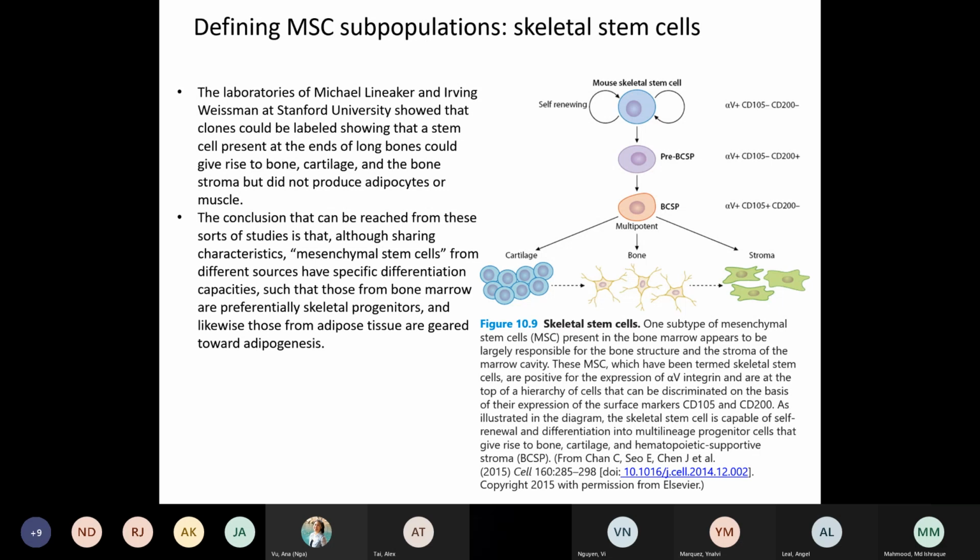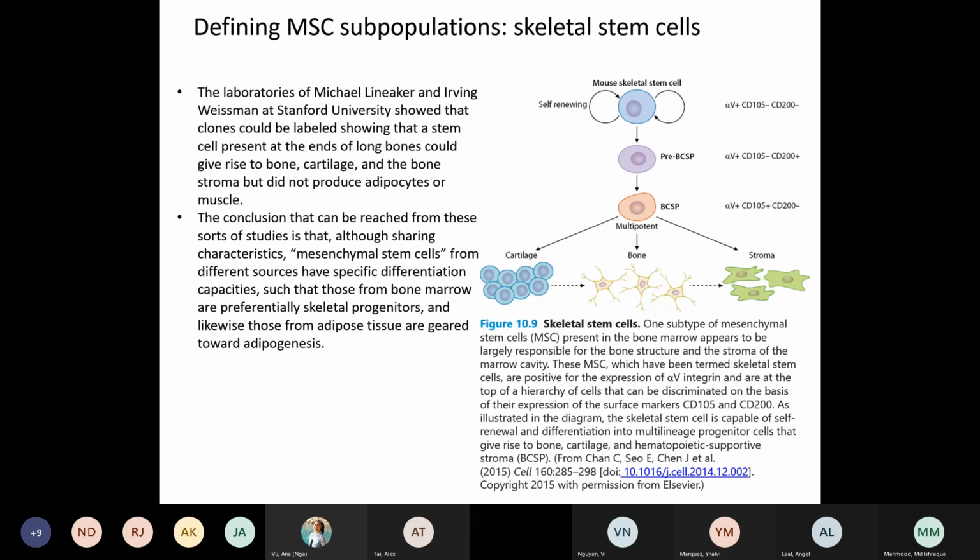Well, in adipose tissues, if you isolate the mesenchymal stem cell, maybe those cells would naturally like to become adipose. So that's what they concluded here. As you can see, this is just one of the rare attempts in this field to further classify the mesenchymal stem cells into finer subpopulations.